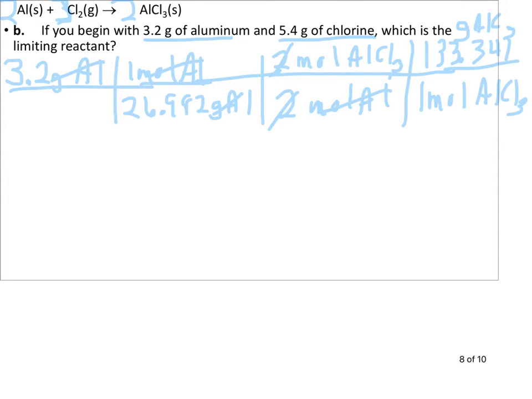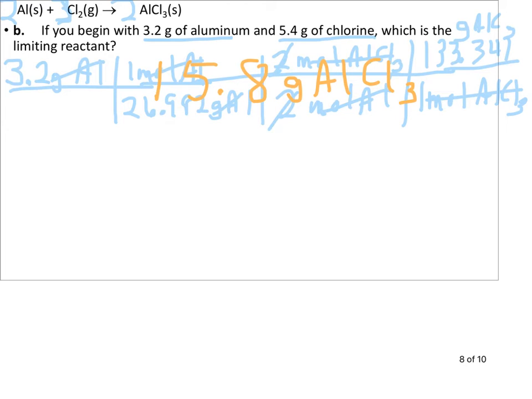And then the moles cancel the moles. And when we get all our calculations done, we end up with 15.8 grams of AlCl3.